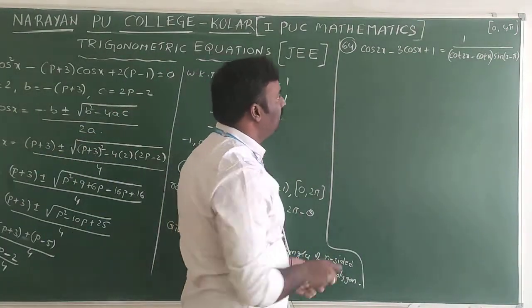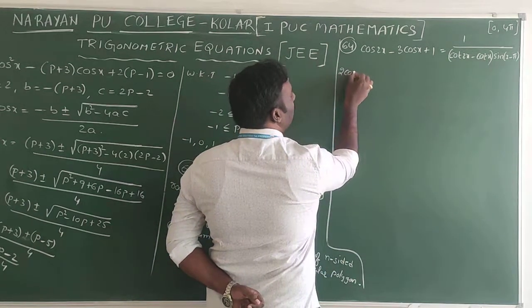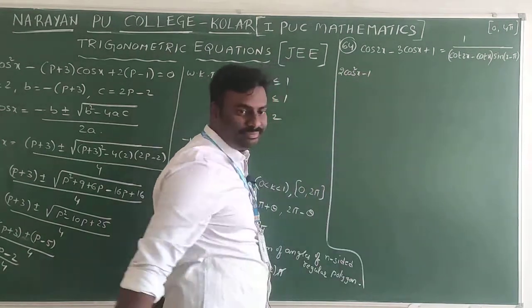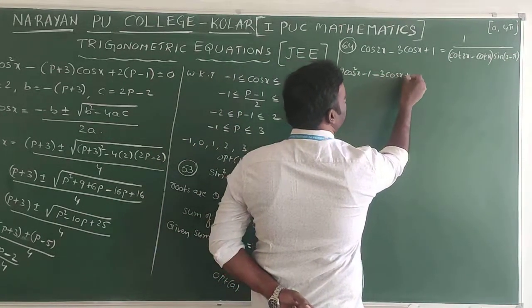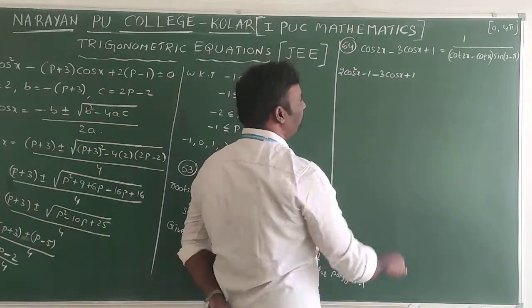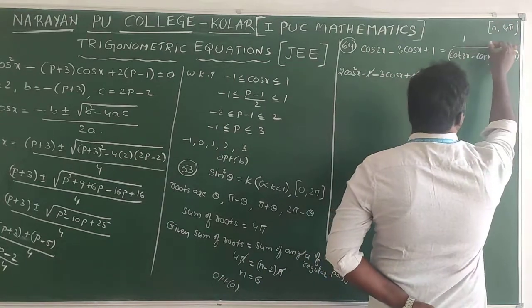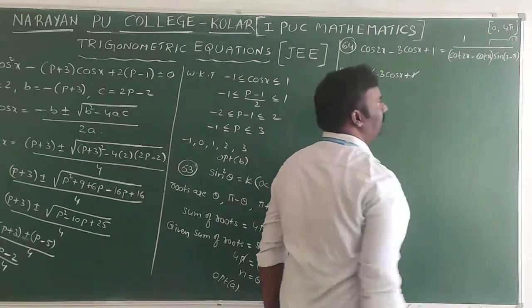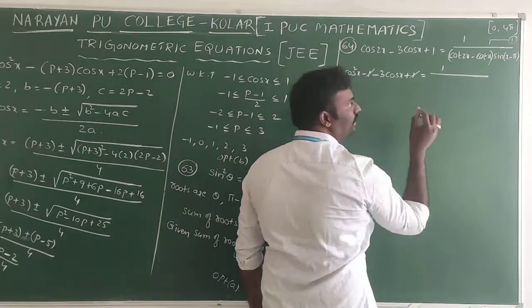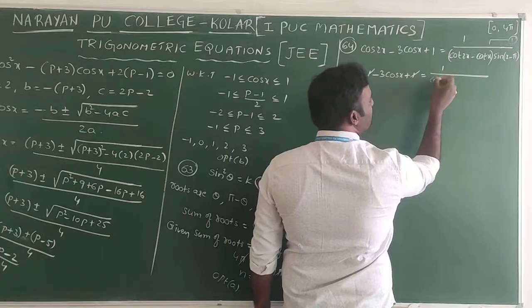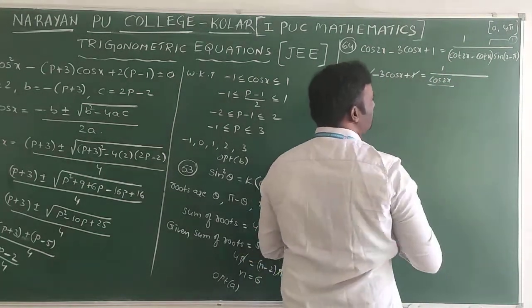See, listen. This cos 2x I can write as 2 cos square x minus 1, minus 3 cos x, plus 1 gets cancelled. So this expression I am taking as equation 1 total. Now simplify the RHS. 1 by cot can be written as cos by sin.